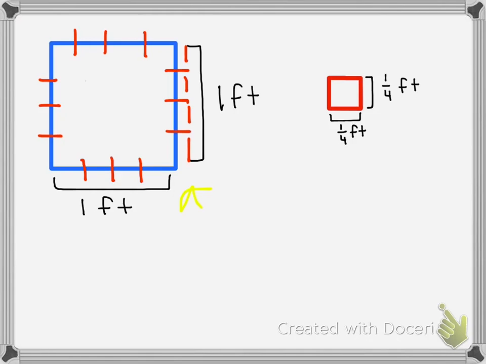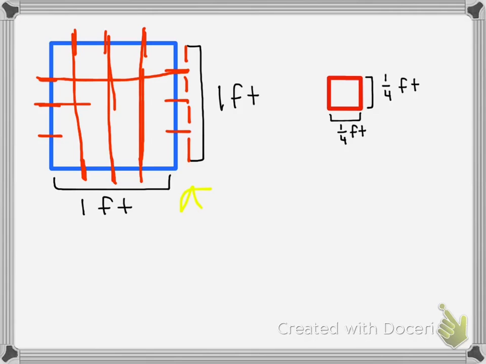Now if I fill in all of my lines, connect them. Oh, I'm not drawing very well. We can see that we have 16 of the red tiles that fit into the square foot.